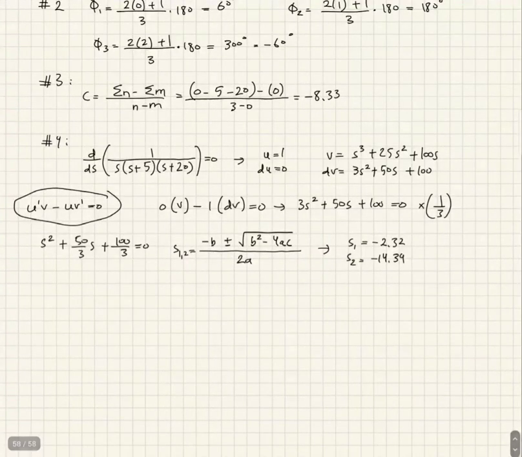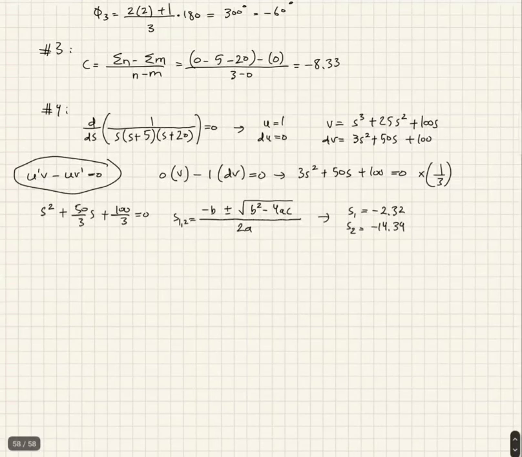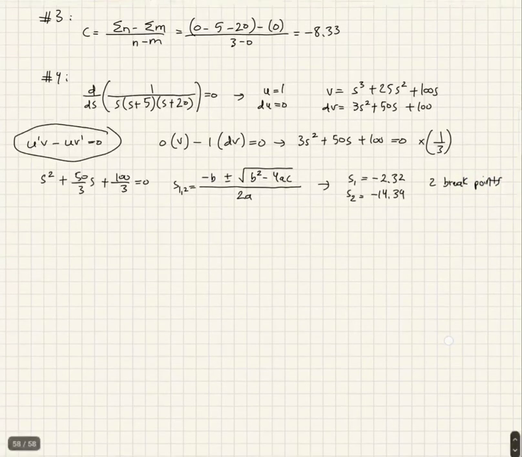It gave us -2 and -14. Now it shows us that we have 2 breakpoints, but at this time you can draw a basic root locus to determine if both of them are eligible or just one of them.